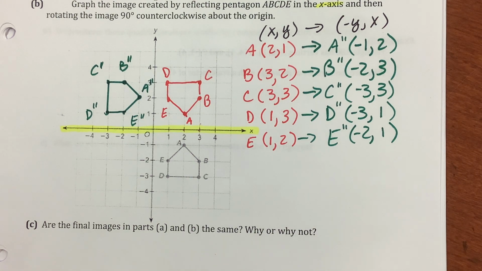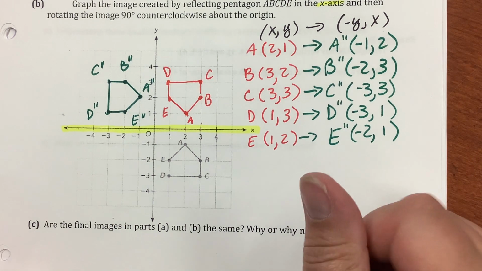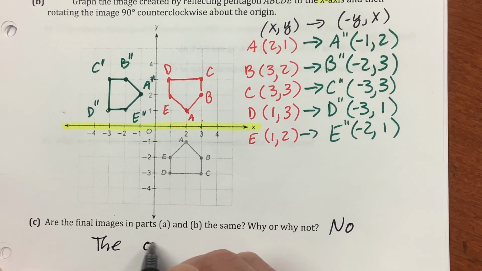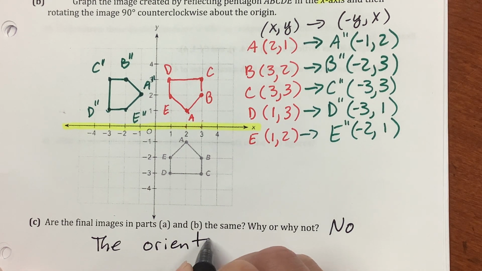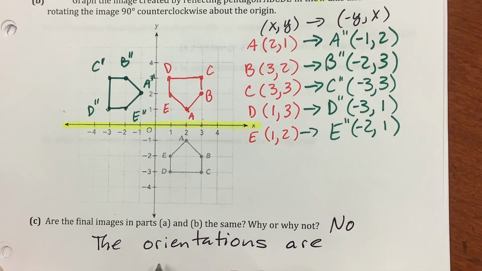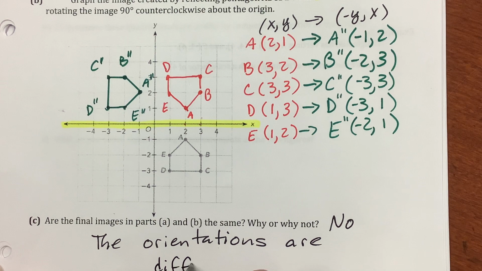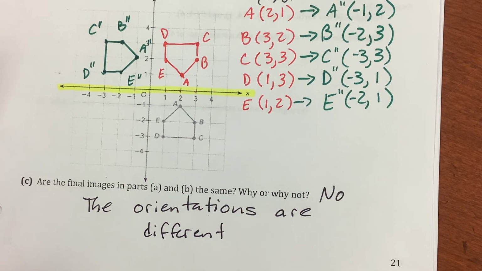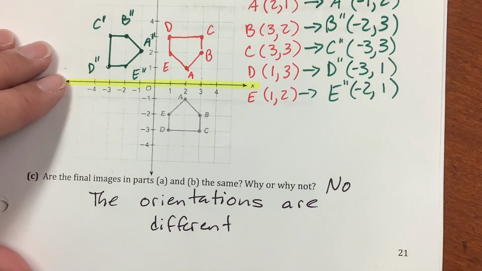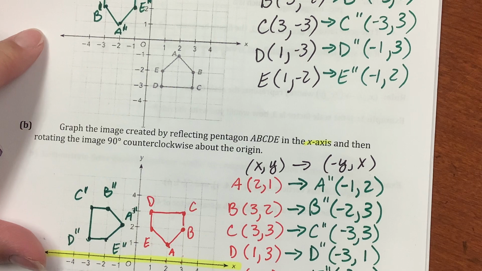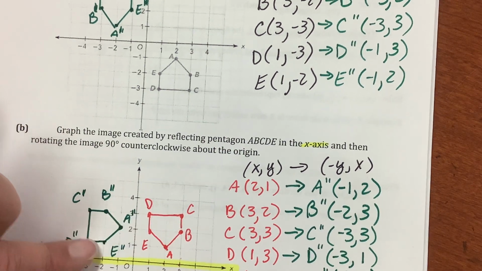That's the only thing. So no, the orientations are different. They're the same size and the same shape, so they're congruent. So they're the same in that way. But this one has changed direction from this one because that was reflected and then rotated, and this one was just rotated.